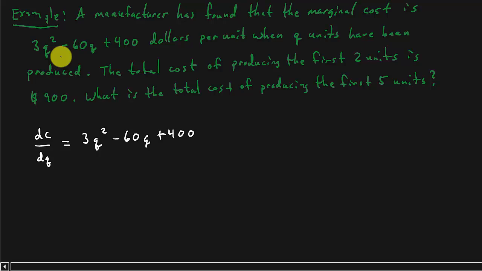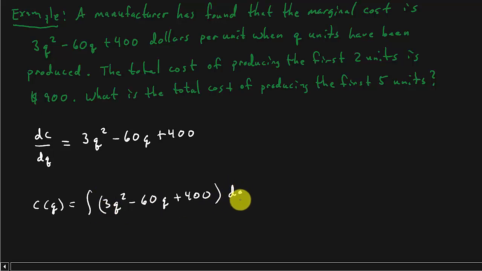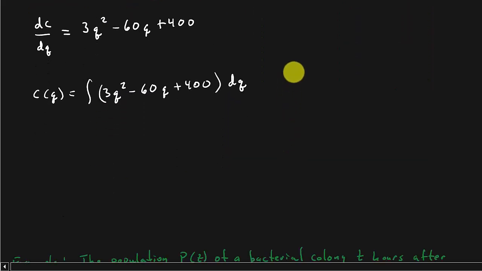So to get to your cost function, you have to integrate this. And so I've got C of Q is equal to the integral of 3Q squared minus 60Q plus 400, and we're integrating with respect to Q.